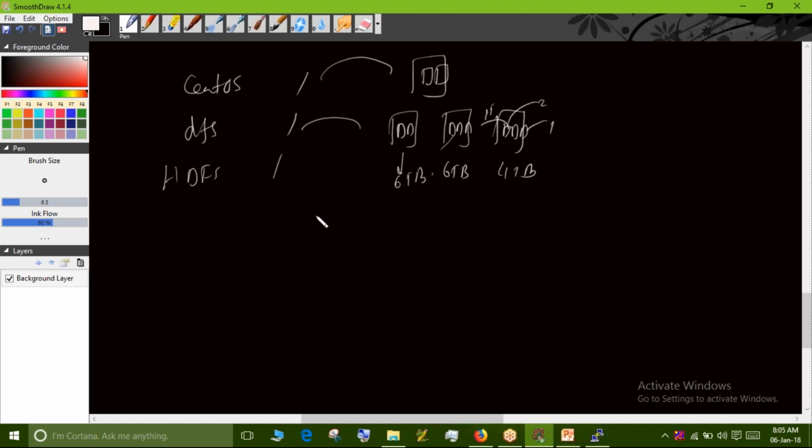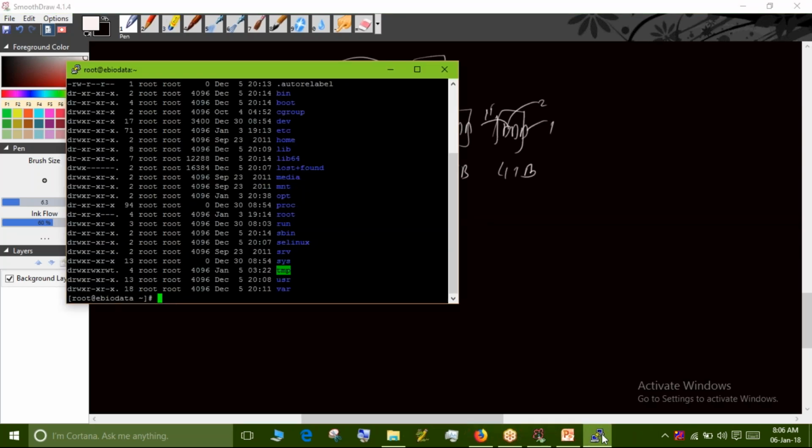As my need is beyond my traditional file systems, I am going with my distributed storage. But even if you go to my distributed storage, like how you are seeing here with ls -al, you say /, nothing but the root, and it shows you the file system under root. Even in my distributed file system, there also I should see root only.